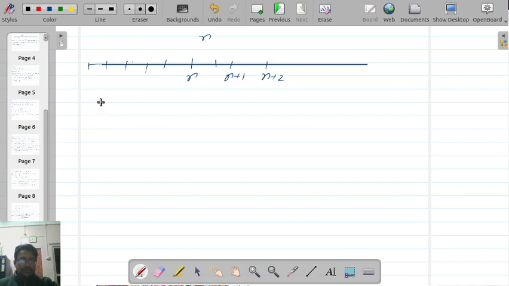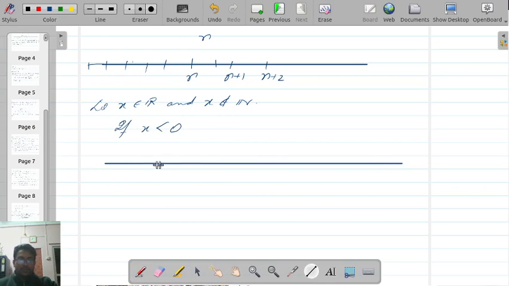Say let x belong to the real numbers and x doesn't belong to the set of natural numbers. If x is less than 0, so if x is negative, in that case can you find an open interval which does not contain any natural number?